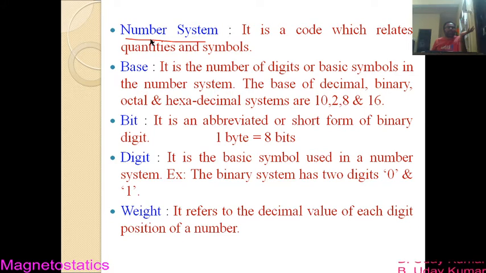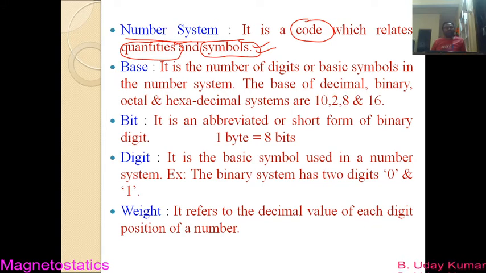So it's a code that shows how quantities are represented with symbols. Different number systems have different symbols to represent the quantities, so you have to understand that here. Please remember the definition: a number system is a code which relates quantities and symbols.